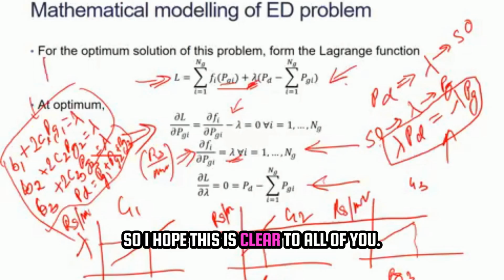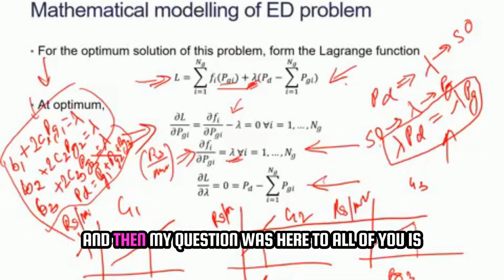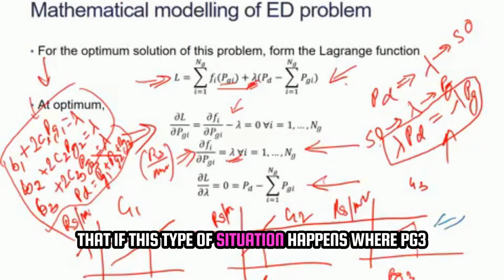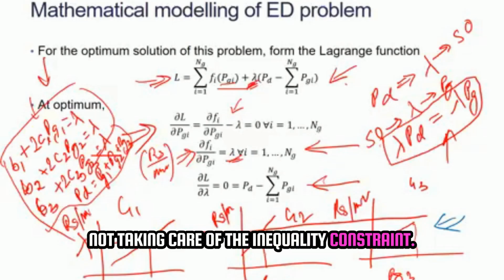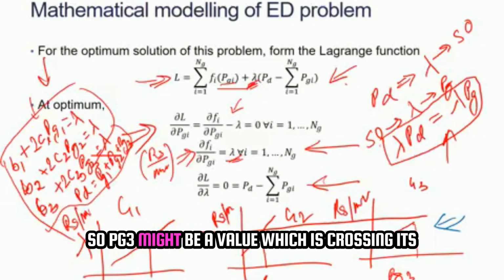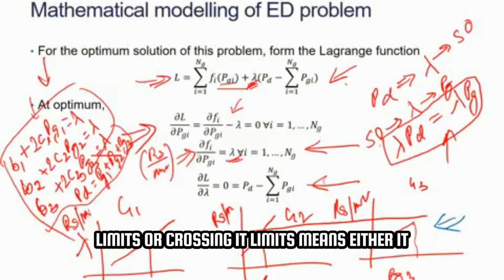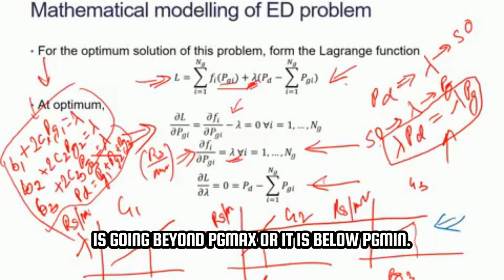So I hope this is clear to all of you. And then my question to all of you is, what if this type of situation happens where Pg3 is crossing its limits? Because here we are not taking care of the inequality constraint, Pg3 might be a value which crosses its limits, meaning either it goes beyond Pg max or it is below Pg min.